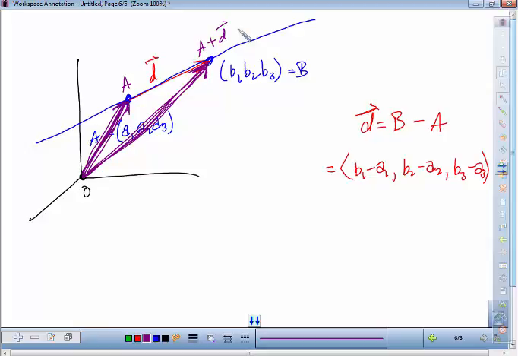Does that make sense so far? I want to be able to hit every single point on this line. So let me randomly find another point on the line. If I take A and add 2D to it, then I would still be on that line.